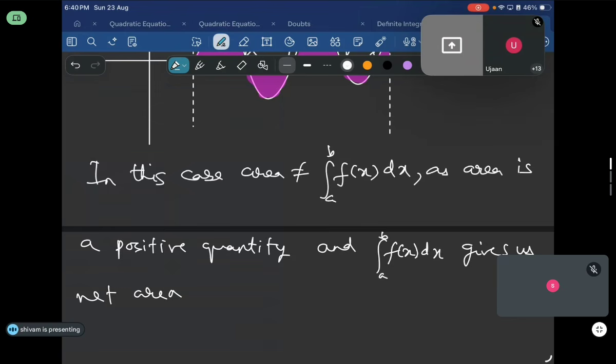Sir, what do you mean by net area? Positive and negative, I mean total area.